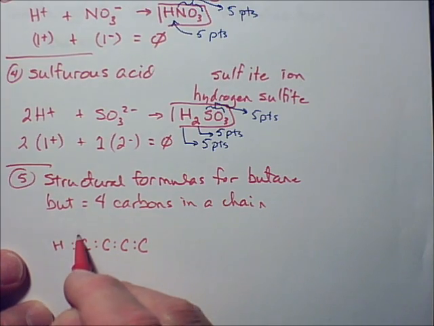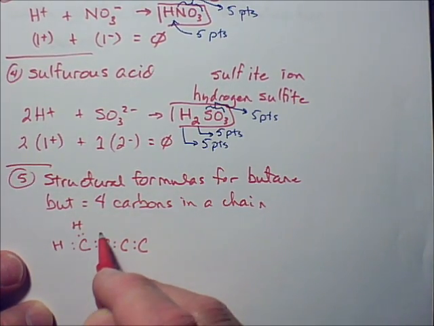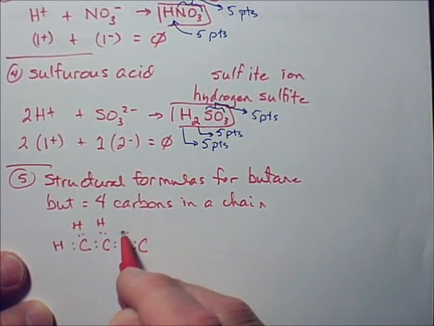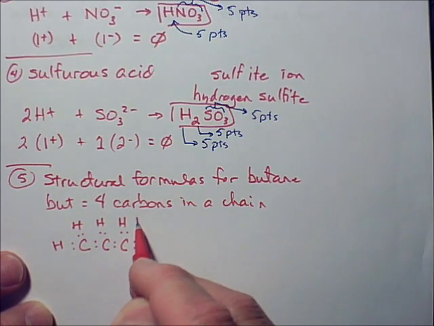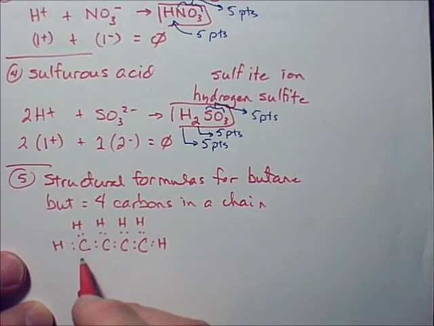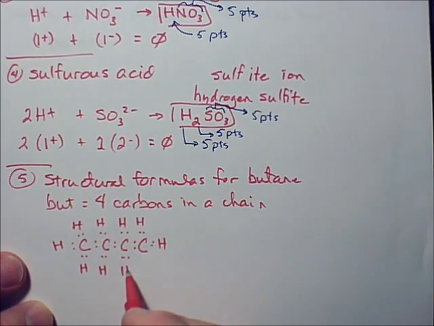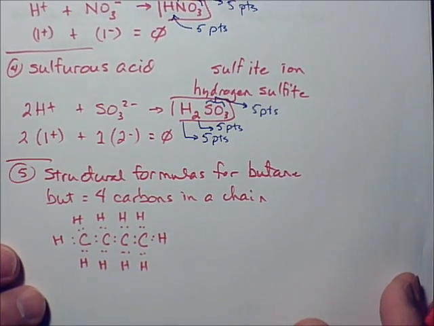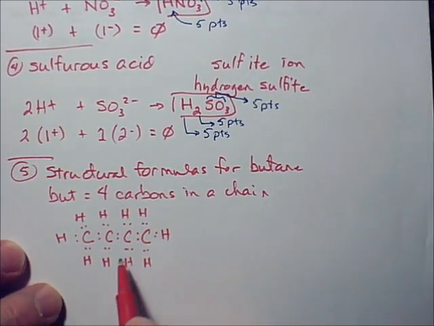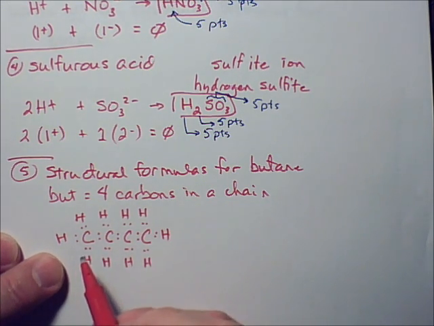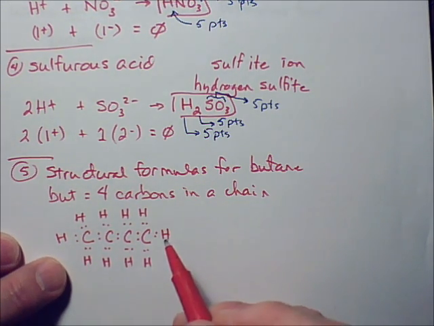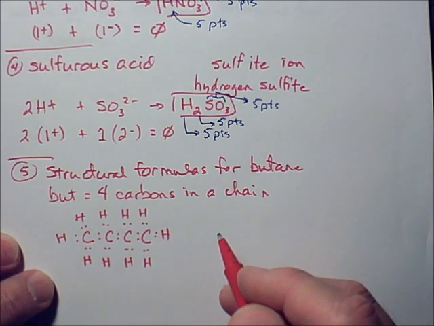I'm going to put hydrogens here all the way around. And that's one of the structural formulas. Another structural formula would take and replace any shared pairs with single lines.